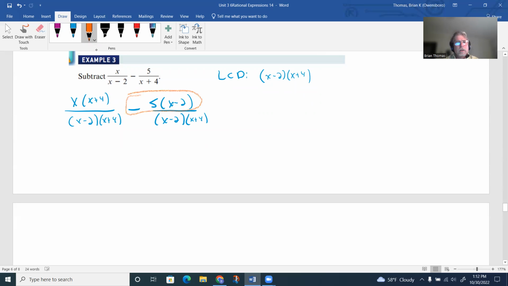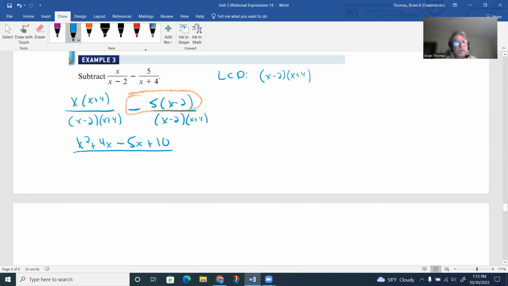So I want to bring the negative 5 through the parentheses when I remove the parentheses. When I multiply the x times x plus 4, that's just going to be x squared plus 4x. But with the subtraction, the negative 5 has got to go through the parentheses. That becomes the negative 5x plus a 10 on the top.